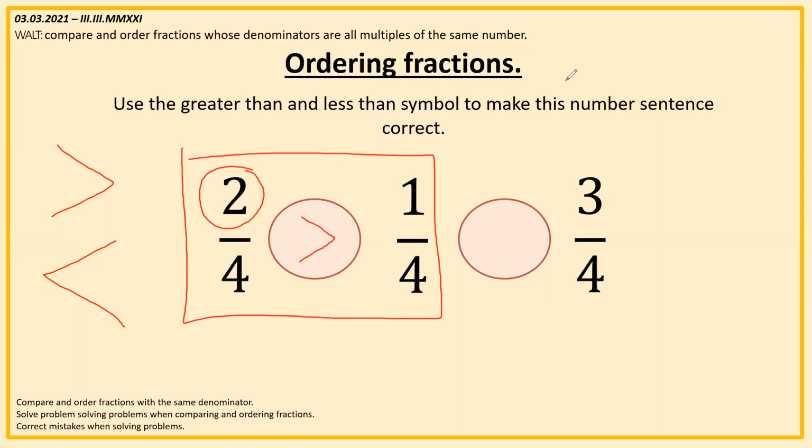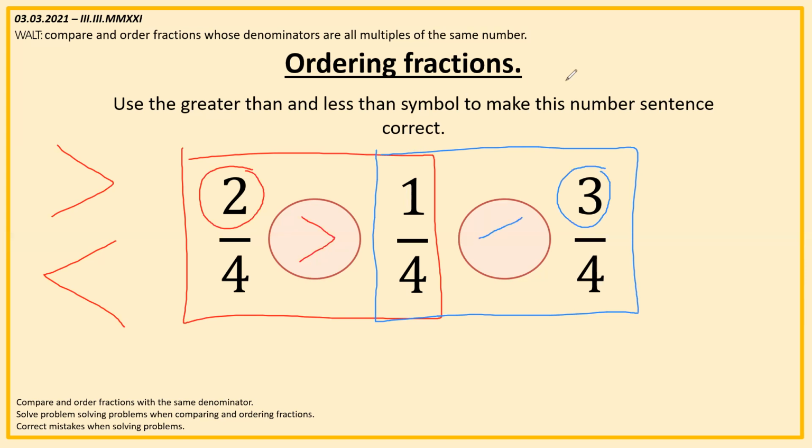We then have a look at these two fractions, 1/4 and 3/4. Again, they've got the same denominator, so we need to have a look at our numerator to see which is the larger fraction. 3 is the bigger number, so 3/4 is larger than 1/4. So we would put in our less than symbol.